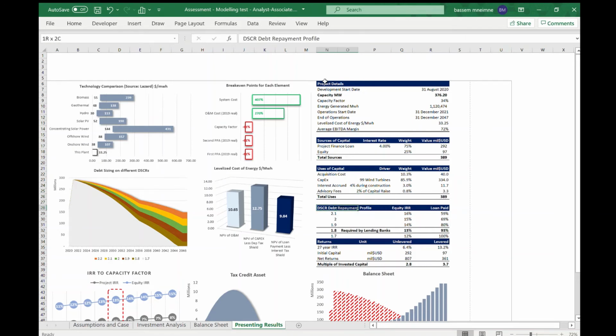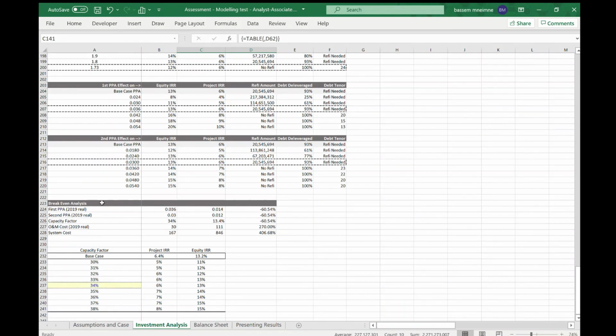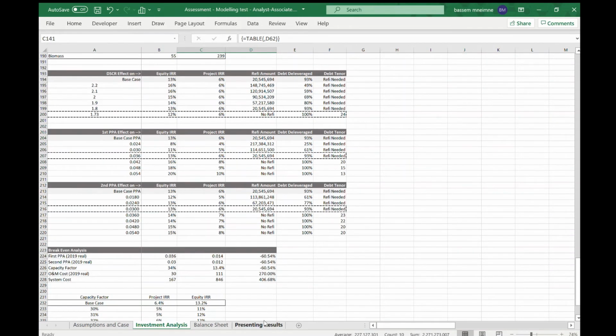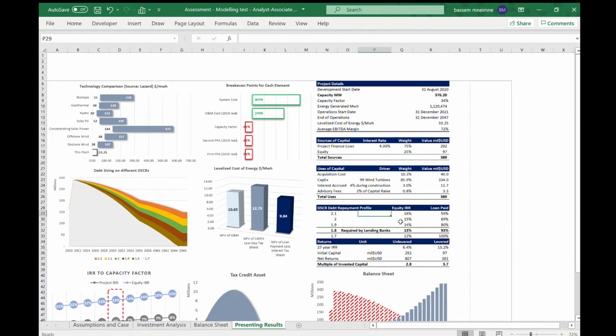Right here, I just sourced the same information from the sensitivity I did for the DSCR, but I put it in a more visually appealing format, and I say that this is the given that you gave me, that the required DSCR is 1.8. By doing that, I'm showing that only 93% of the loan is amortized.